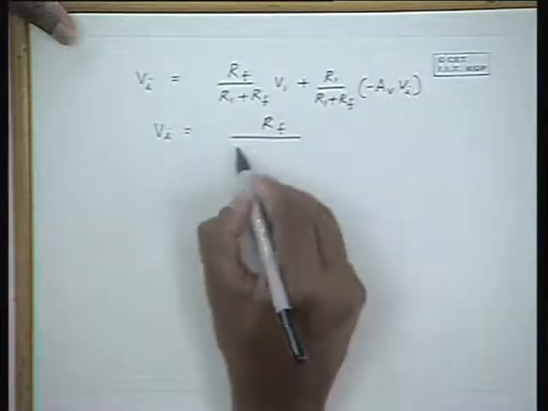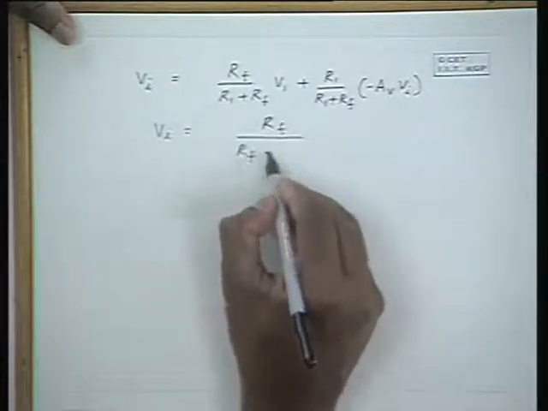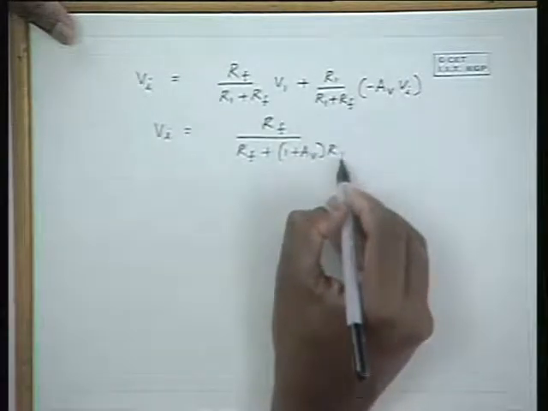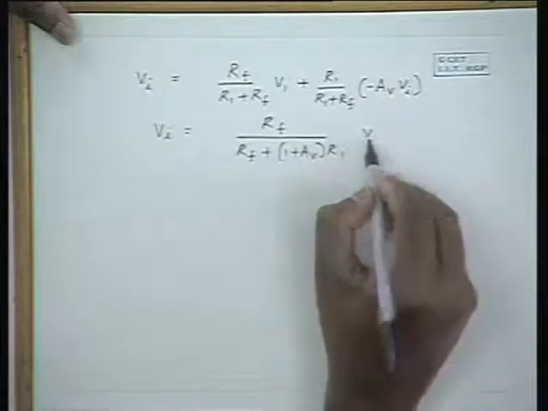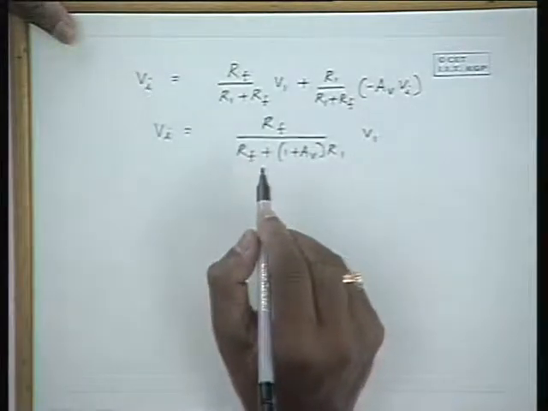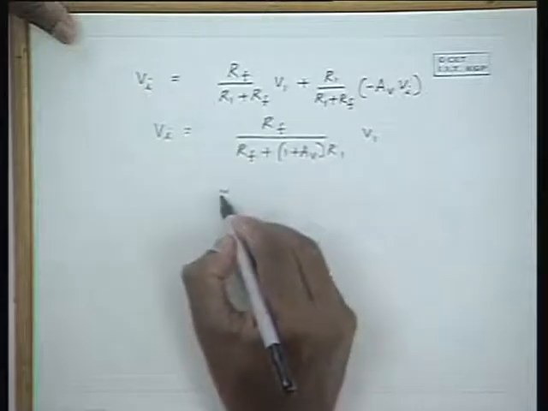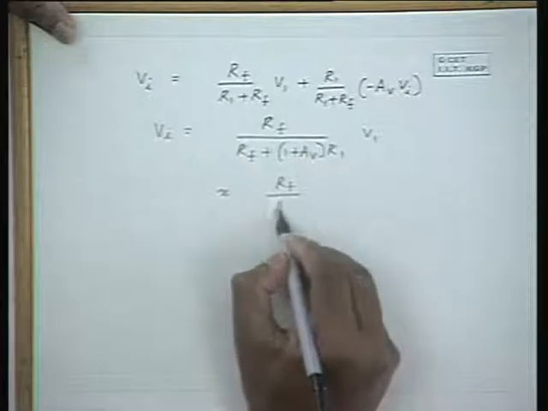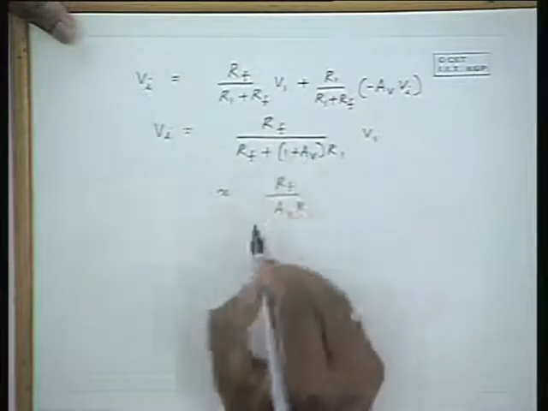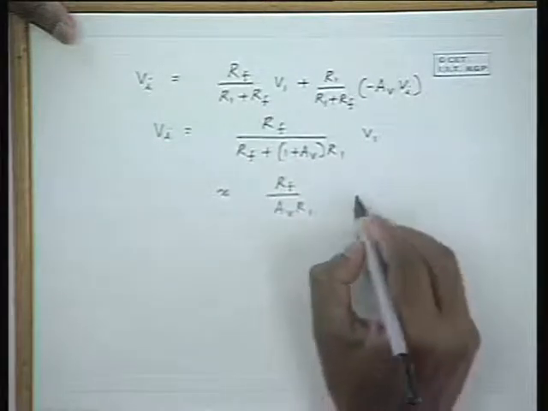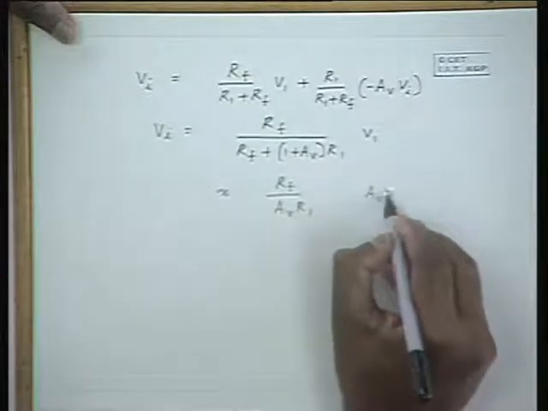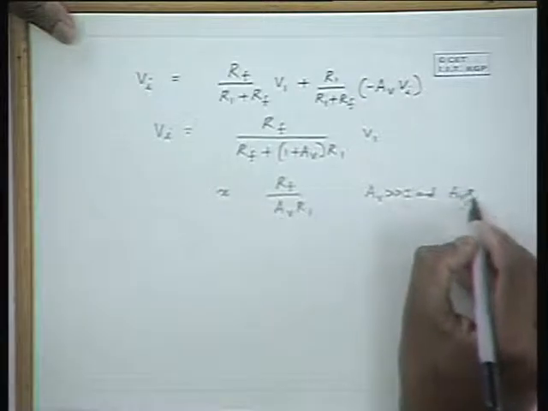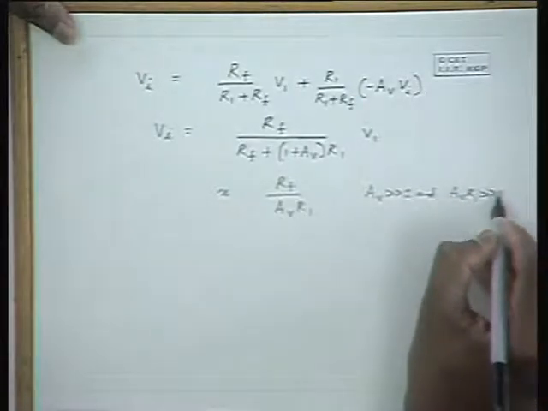It is equal to RF by RF plus 1 plus AV into R1, into V1. And this is approximately equal to RF by AV R1 itself when AV is much greater than 1 and AV R1 is much greater than RF.